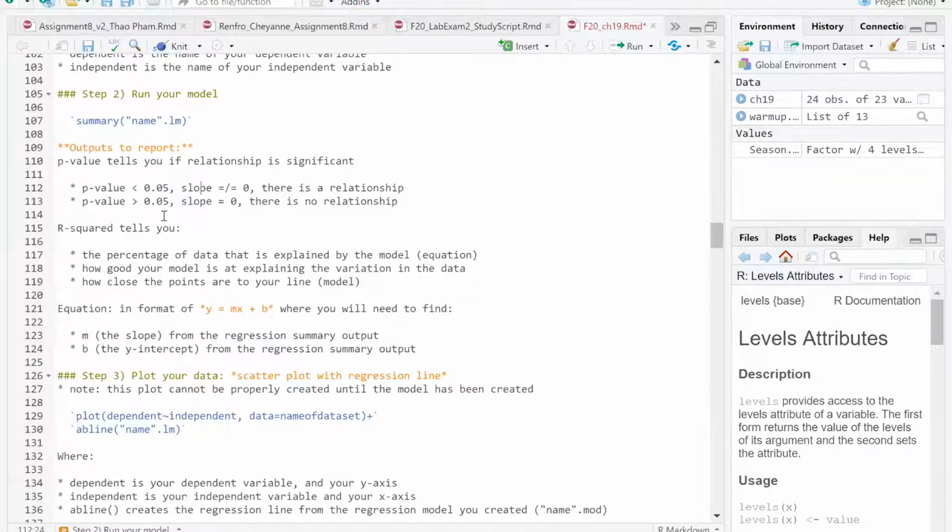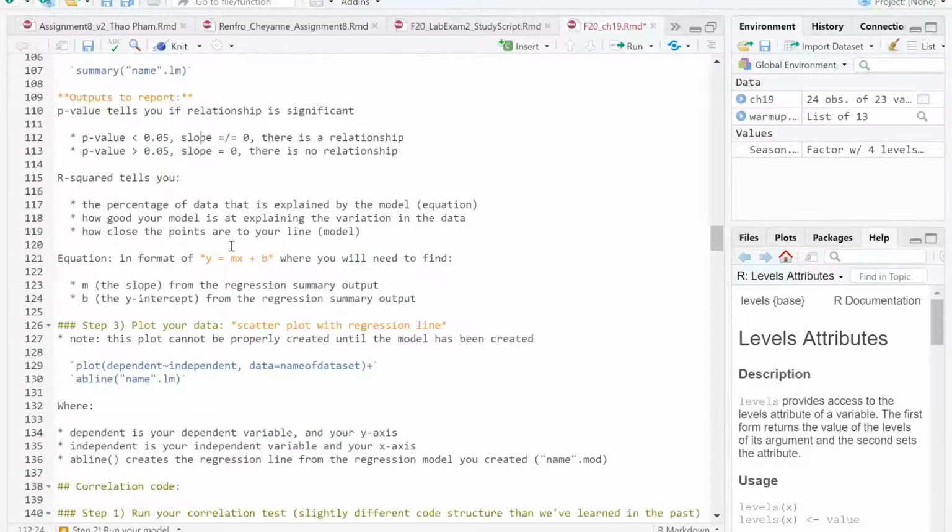If it's greater than 0.05, the slope is 0 and there is no relationship between x and y. The r-squared, the coefficient of determination, is the percentage of data that is explained by the model, by the equation. It's a measurement of how good your model is at explaining the variation in the data, and it also tells you how close the points are to your line.